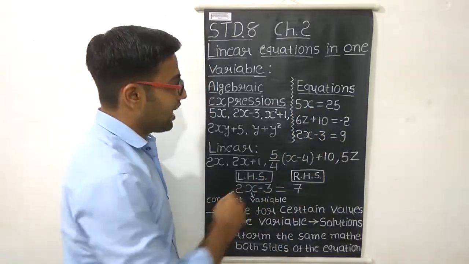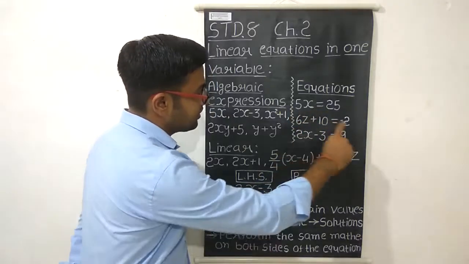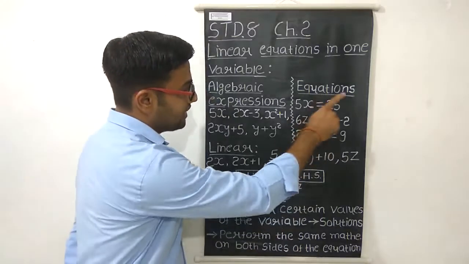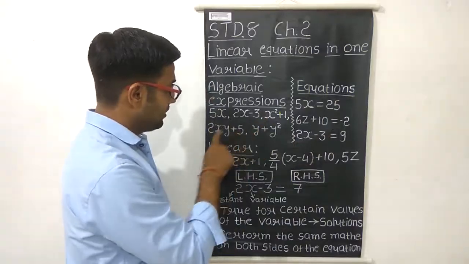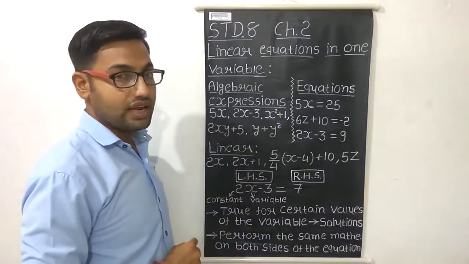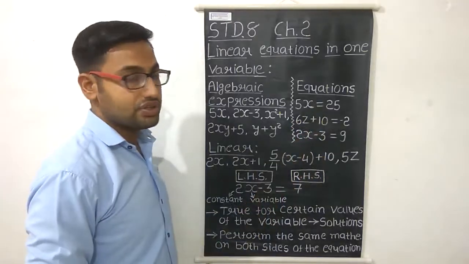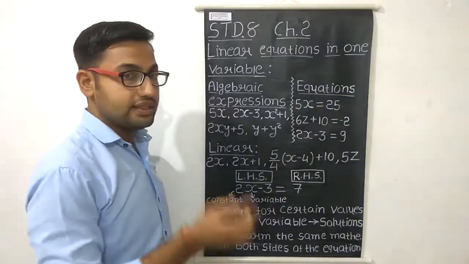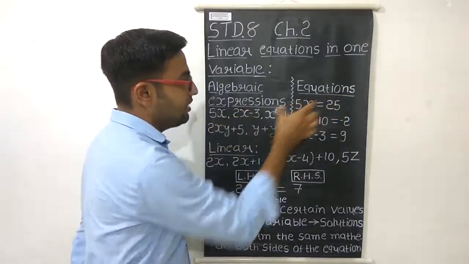Here you can notice that there is an equal sign in all these three equations, and that is why they are called equations. Here there is no equal sign, and here there is an equal sign in all the equations. That is why these are called equations, and this is the difference between algebraic expressions and equations.